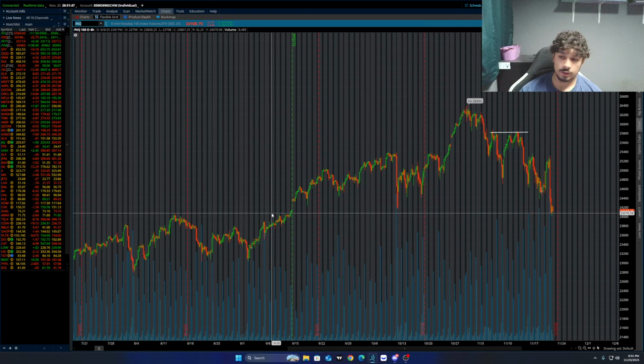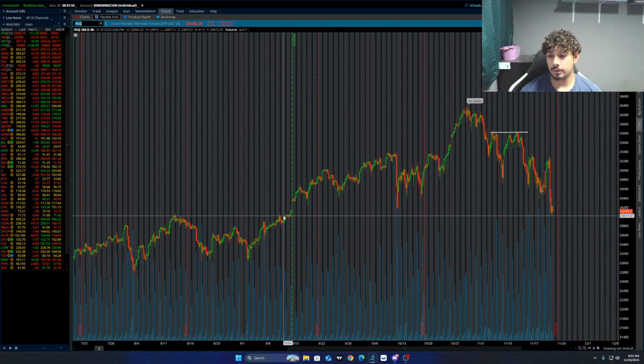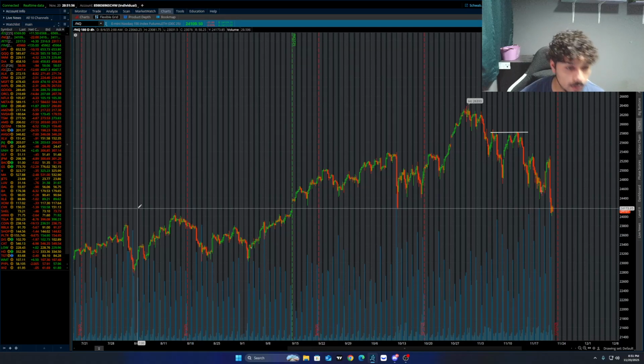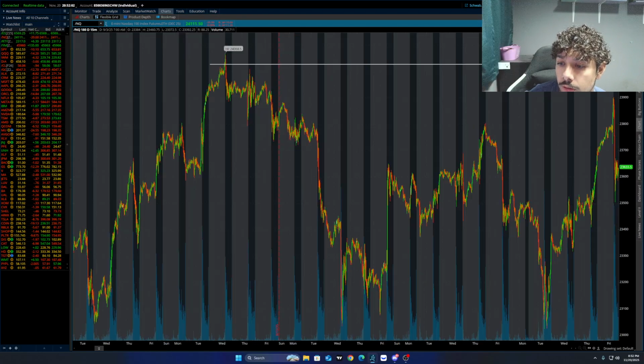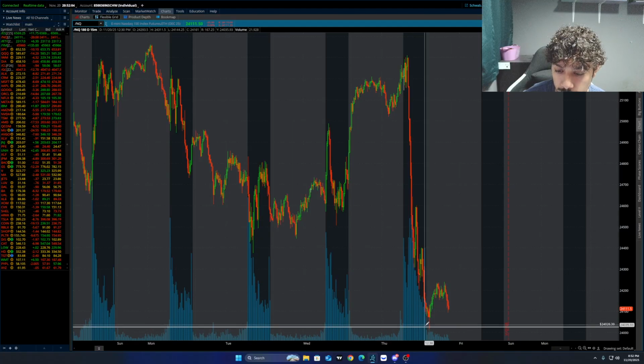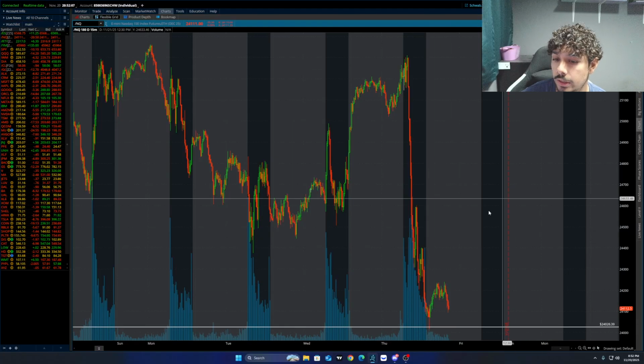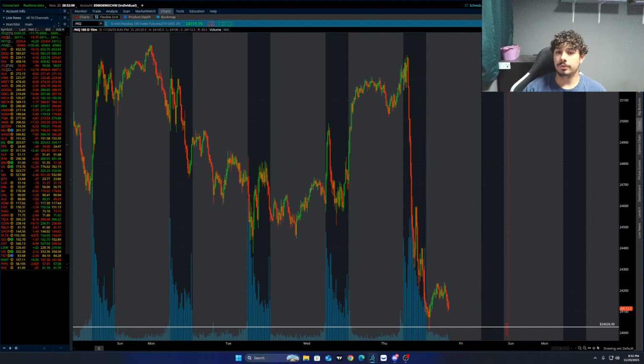Okay. So if you pay attention to my cursor right there, you see it basically bottom ticks that level. We go into the 15. This is where it bounced from that level. Anything below is a short. Anything above is a long.